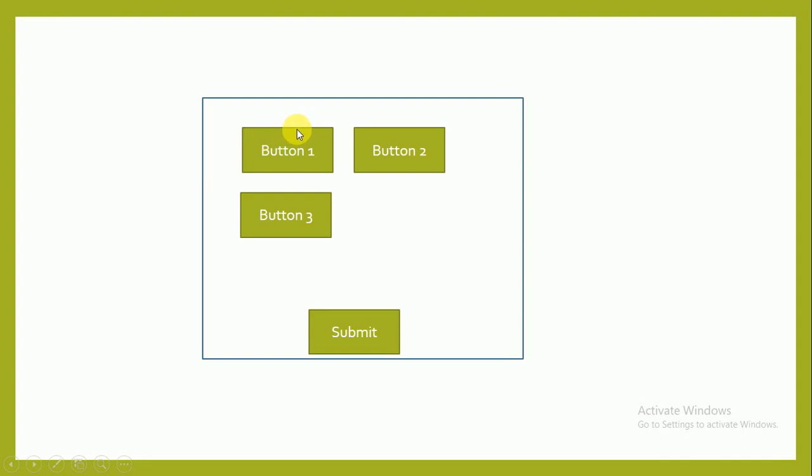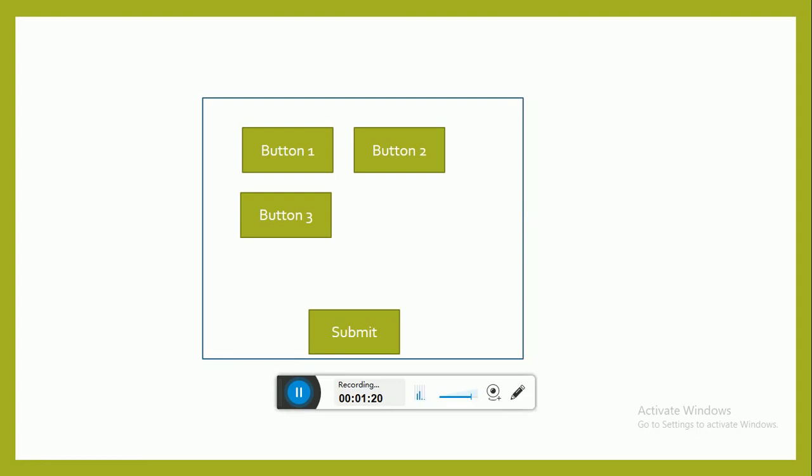The top edge of button 1 is relative to the top edge of the parent view. Button 2 is relative to button 1 as it is to the right of button 1. Button 3 is relative to button 1 as button 3 is below button 1, and the submit button is relative to the parent view.